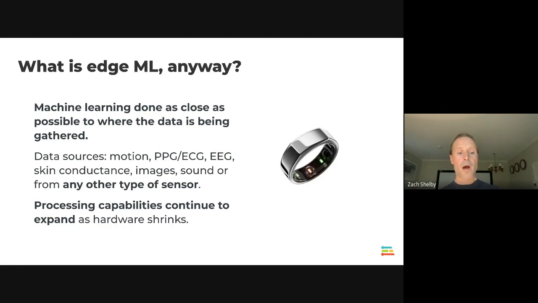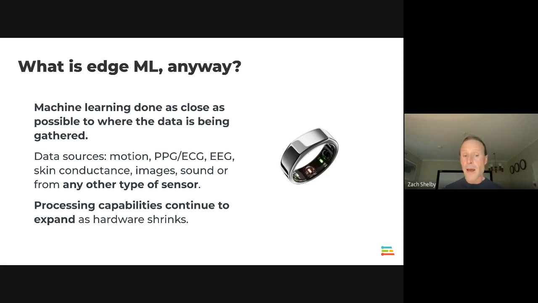And we can work on an amazing range of sensor data. So the kind of sources that we work with day in and day out with our users include motion, right? 3-axis accelerometers, magnetometers, PPG, ECG, EEG, skin conductance, computer vision, right?